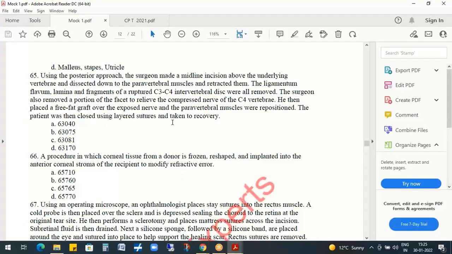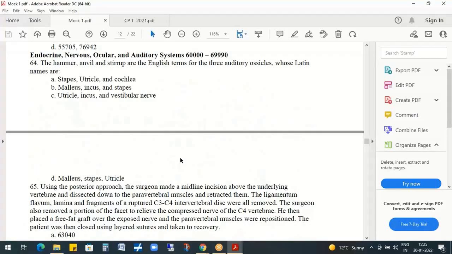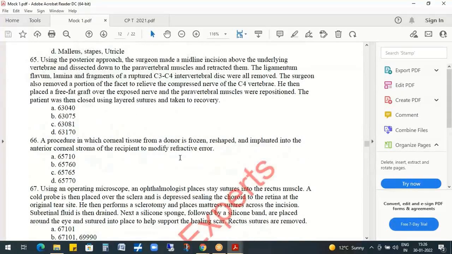Next, Shobha, did you find that one? Sir, for 66, which one is the answer, A or C? C is the answer.